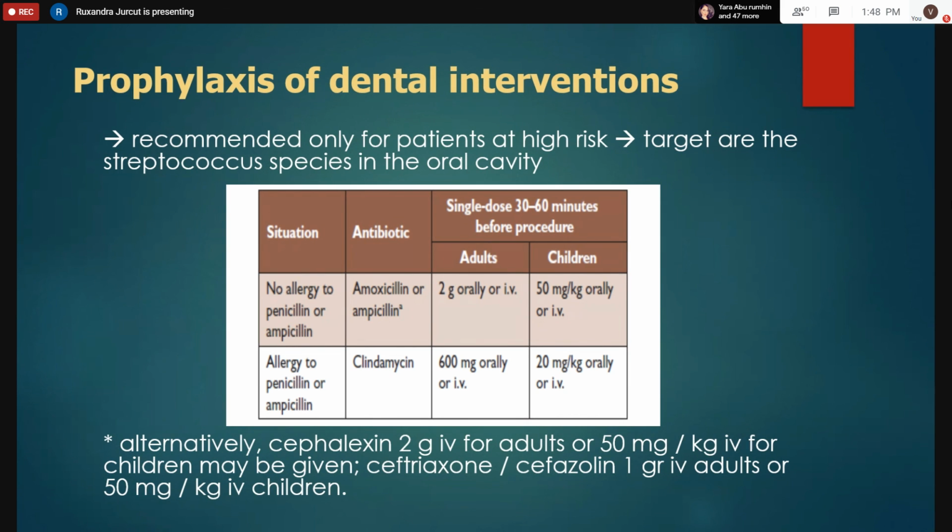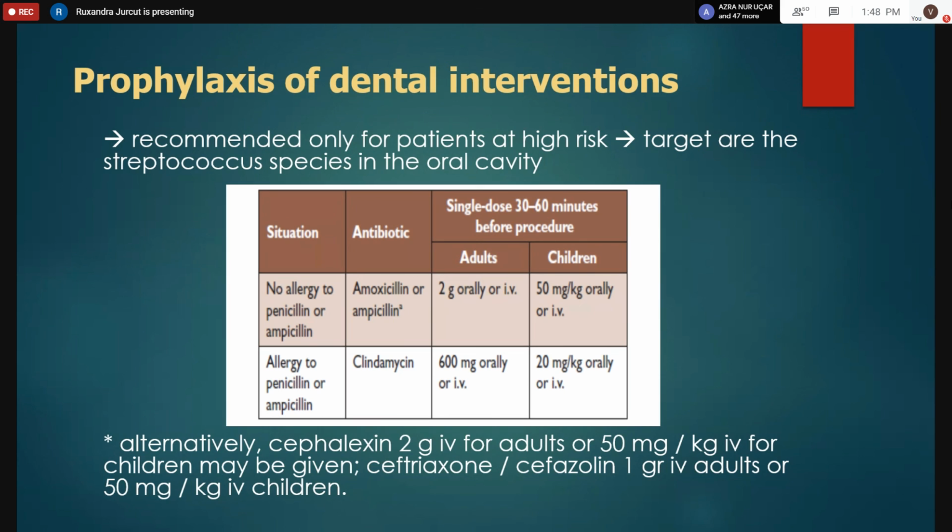The right way of doing it is you go to the dentist. If you are a high-risk patient, you have to take care of your teeth, but any time that the dentist says, I call you for an extraction, or I call you for something working on your gums, where there can be some bleeding, then the patient has to take antibiotic prophylaxis, meaning that half an hour to 1 hour before the procedure, the patient takes the antibiotic.